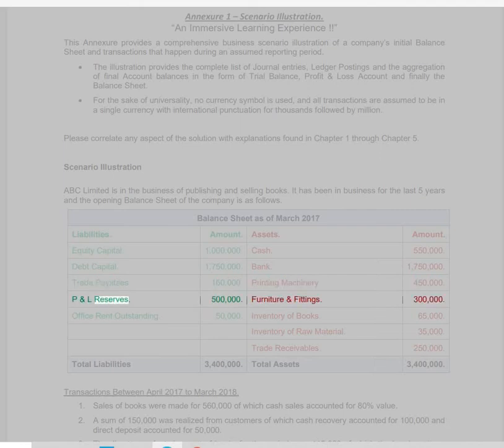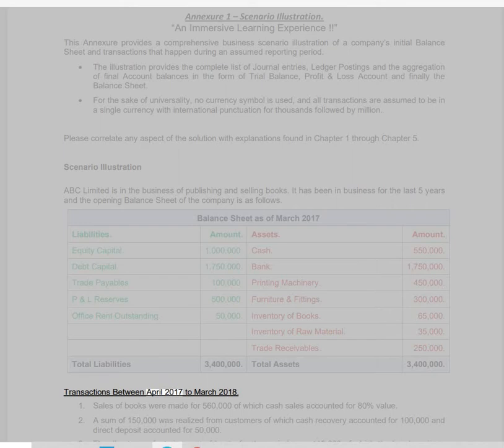P&L reserves, 500,000. Furniture and fittings, 300,000. Office rent outstanding, 50,000. Inventory of books, 65,000. Inventory of raw material, 35,000. Trade receivables, 250,000. Total liabilities 3,400,000. Total assets 3,400,000.